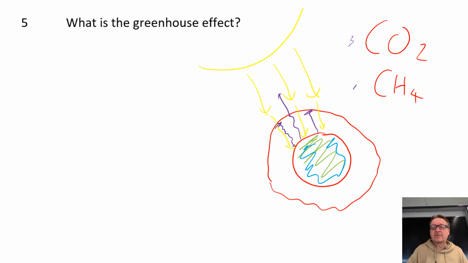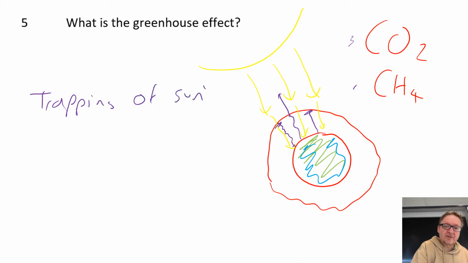The greenhouse effect then causes planet Earth to warm up, which causes global warming, which then causes climate change. So the greenhouse effect is trapping of the sun's warmth in the atmosphere.